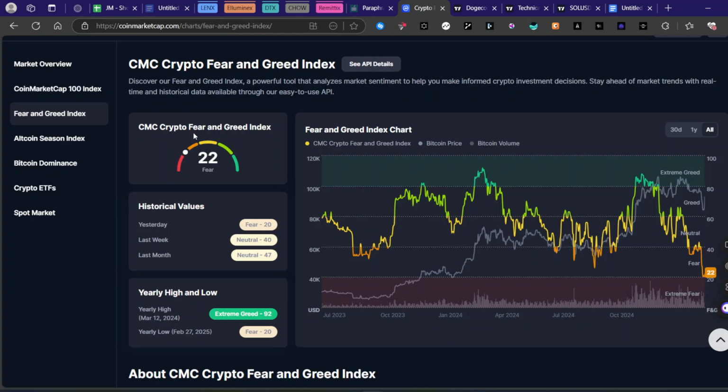There could be some sell-offs during that period, panic selling and all of that. Then when the value is between 40 and about 49, it's a neutral period.